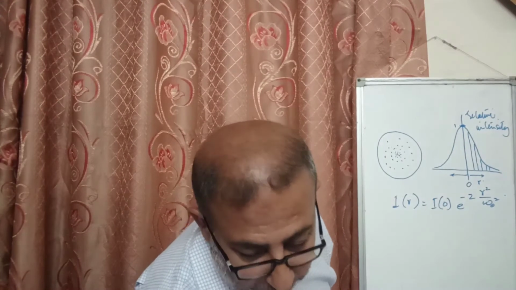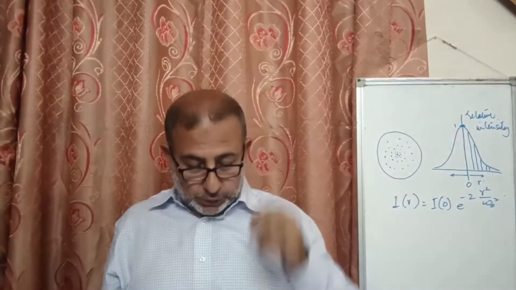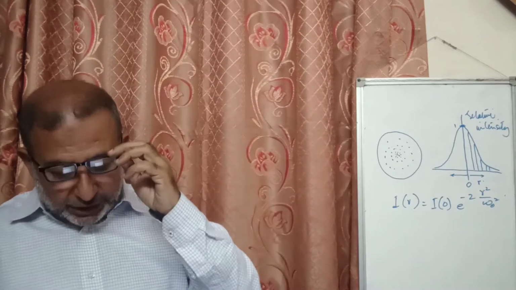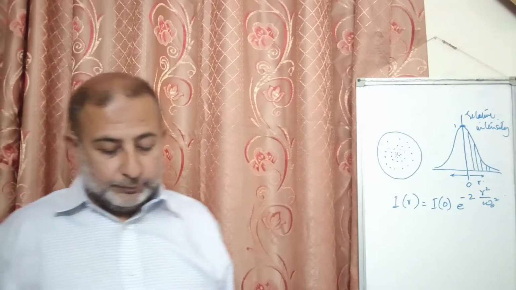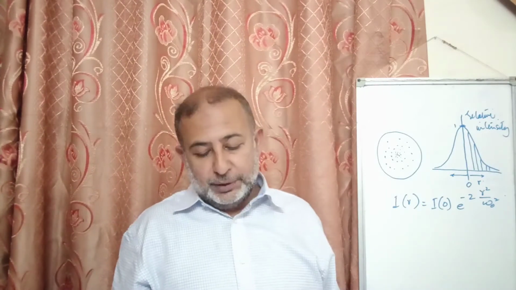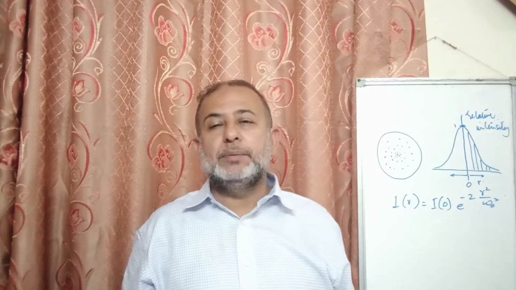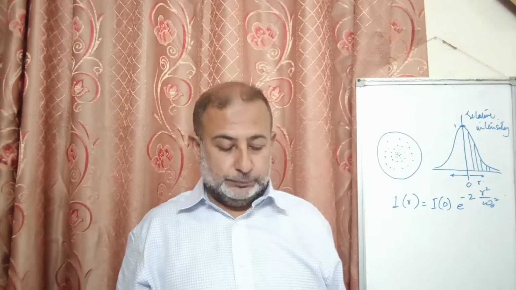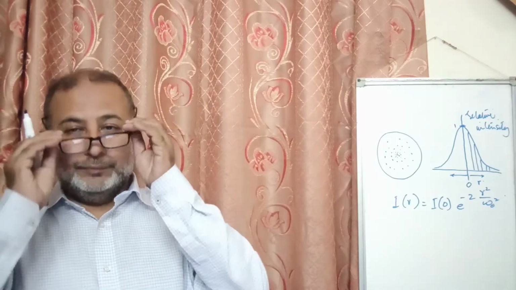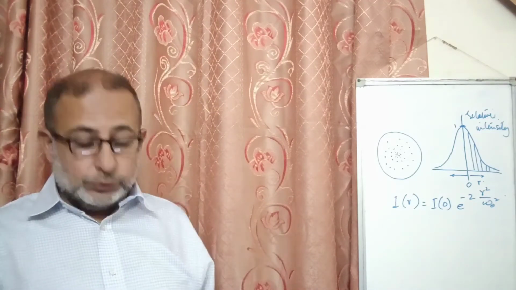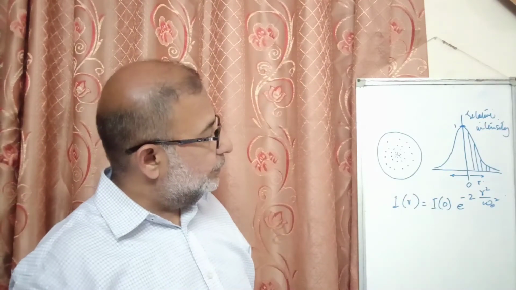Since the beam has no finite spread, there is no natural measure of the beam's size. So we define a parameter, the mode field diameter, which is 2 times W naught. If R is equal to W naught, then what would happen to this equation?